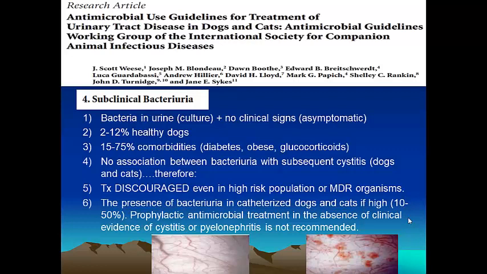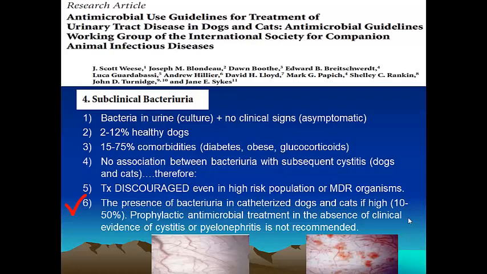So the other common situation that results in bacteria in the urine is when you catheterize an animal. And as you can see, between 10 and 55% of the studies, depending on which one you look at, will have bacteria. And here the important thing is whether it's a real cystitis that requires treatment or a subclinical bacteriuria.